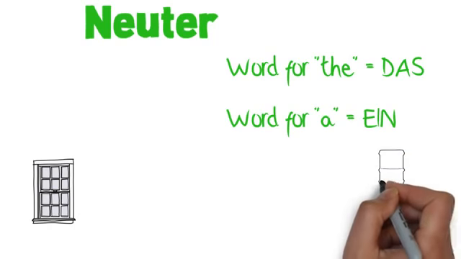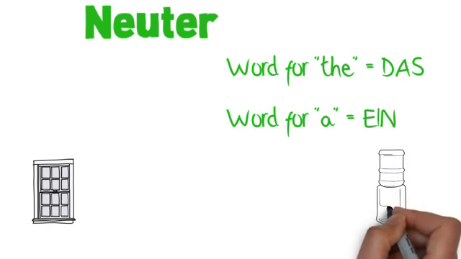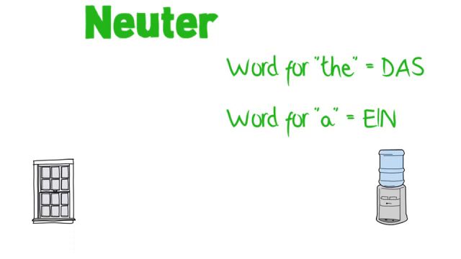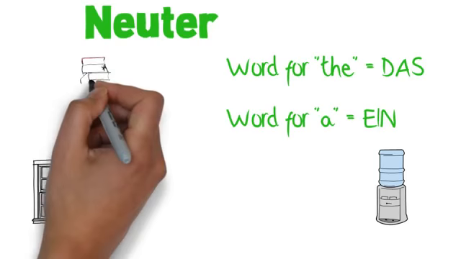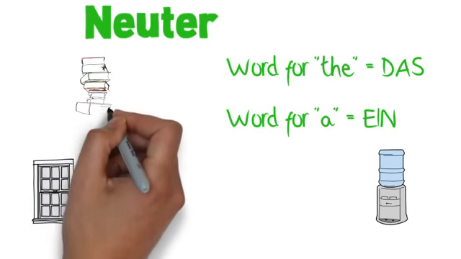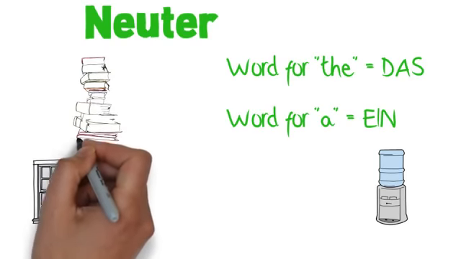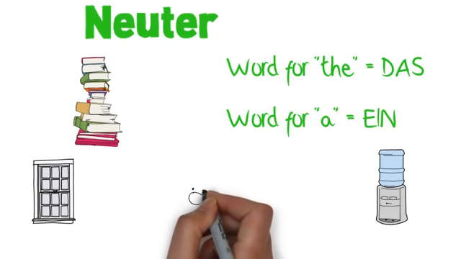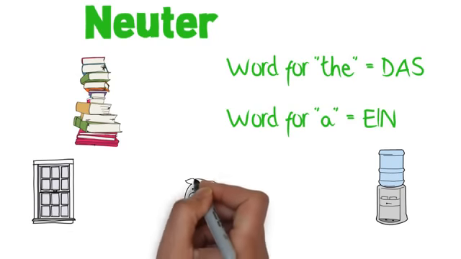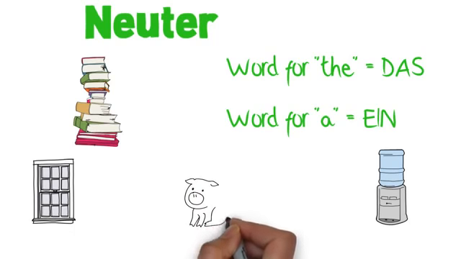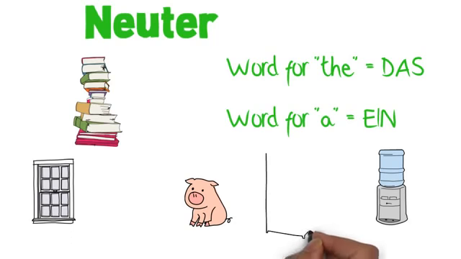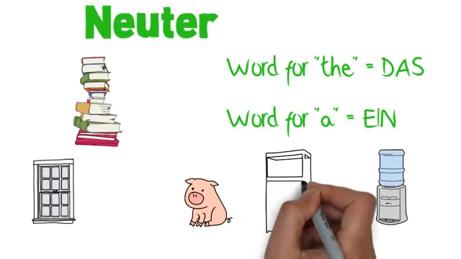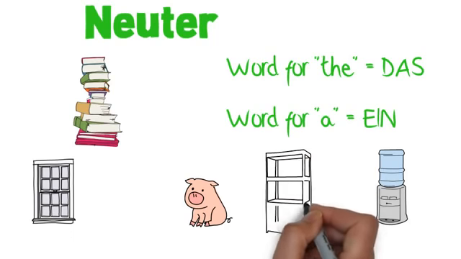Other neuter nouns in German include das Wasser, or you could say ein Wasser, das Buch, or ein Buch, for a book, das Schwein, or ein Schwein, for a pig, das Regal, or ein Regal, for a shelf, and das Mädchen, or ein Mädchen, for the girl or a girl, respectively.